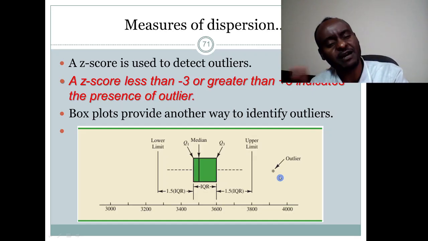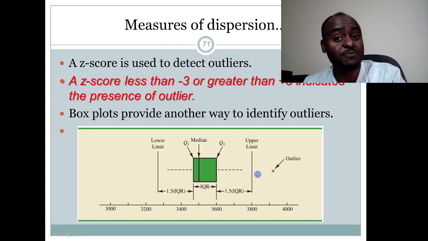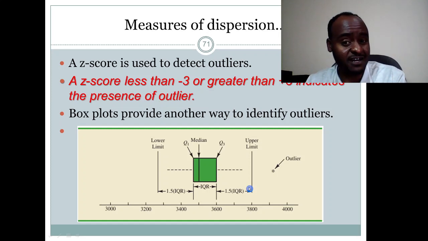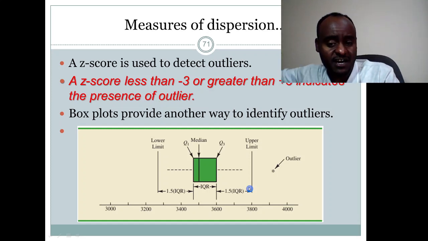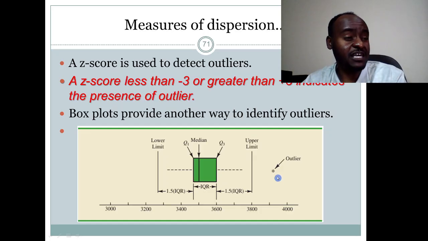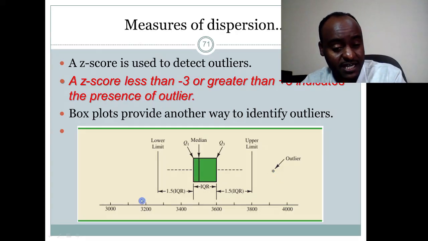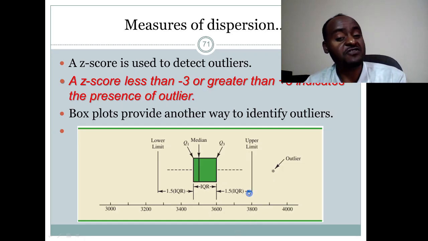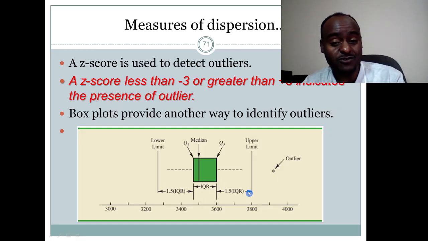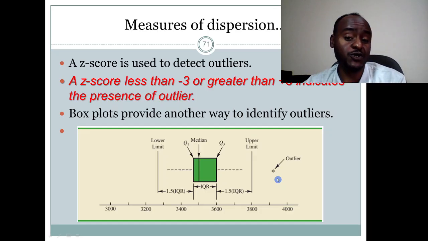But if there is a star outside this boundary, that outlier is really significant. It's a very critical outlier. Therefore, you need to work on it. You cannot use your data if your outlier is very critical, very significant, or very far from the center. Therefore, you need to correct it.